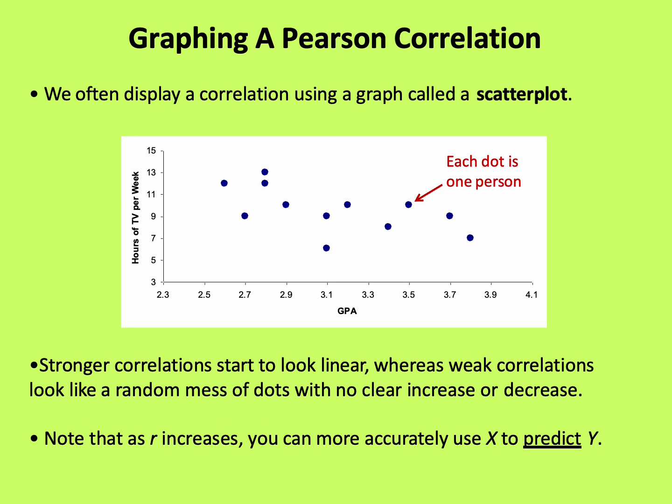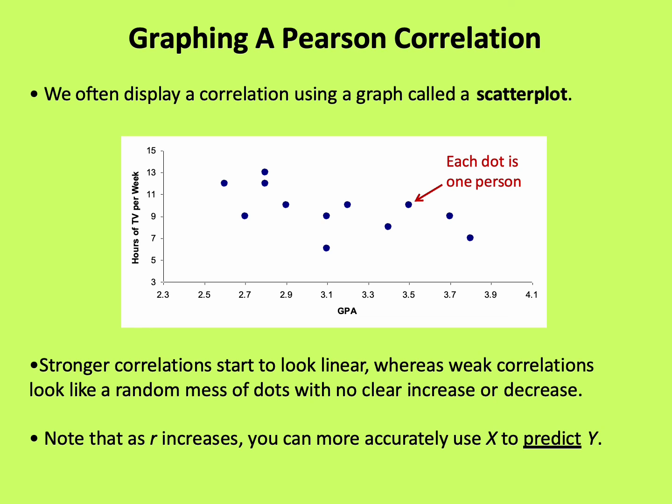Okay. And like I said, whenever we are doing any sort of correlational analysis, we want to display the results in a scatter plot. Stronger correlations start to look linear, in the sense that they could be fit with a straight line, whereas weak correlations often look like a random assortment of dots with no clear increase or decrease.